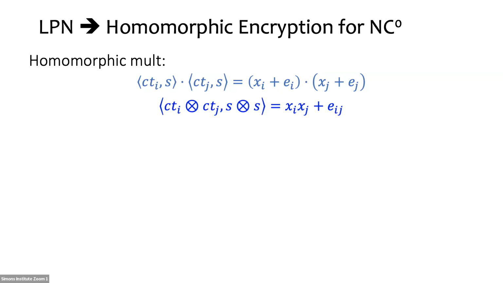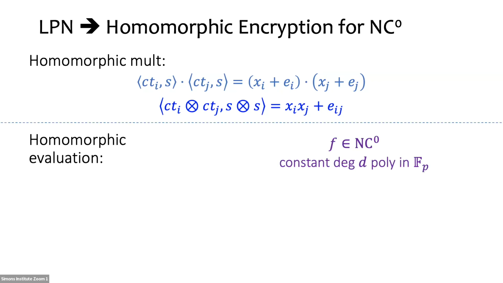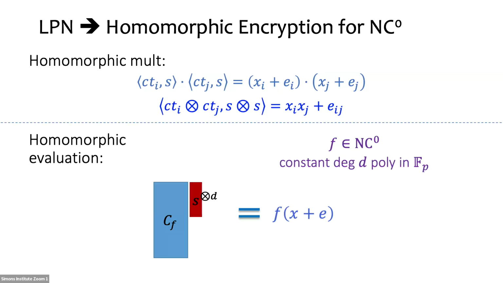And still, the noise is with high probability 0. And we can extend this tensor trick to handle any constant degree polynomial evaluation.